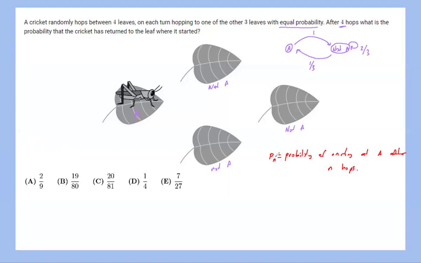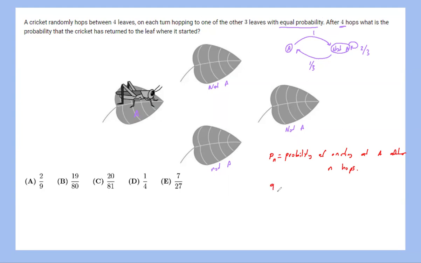If you are asking what is P of 0, it means what is your probability of being at just the leaf A, right? So that's after 0 seconds if you are looking for P of 0, and P of 4 is what we are interested in because we are looking for 4 hops after.